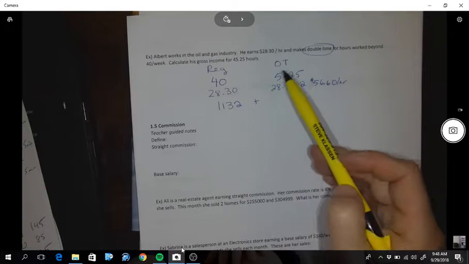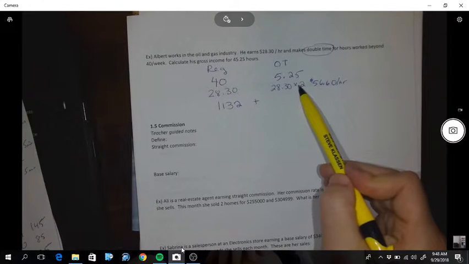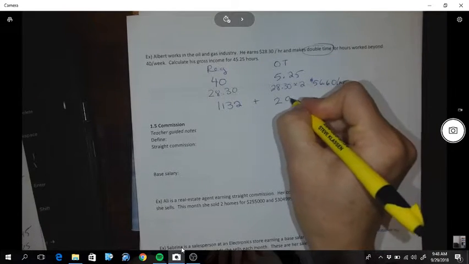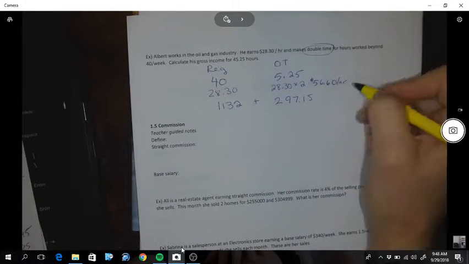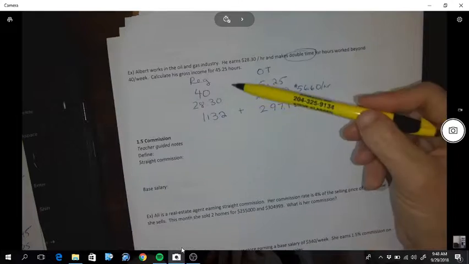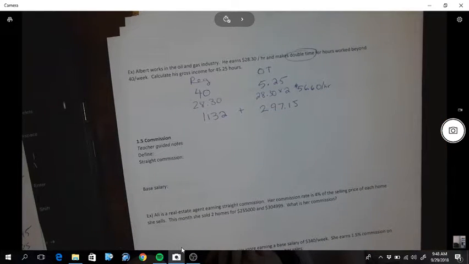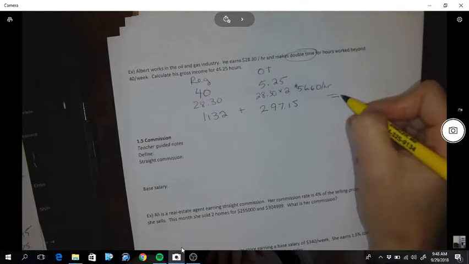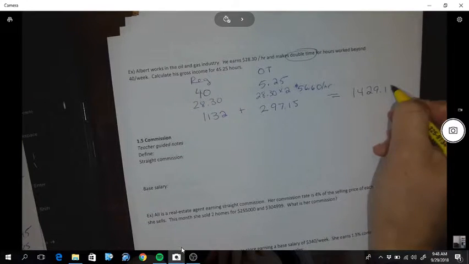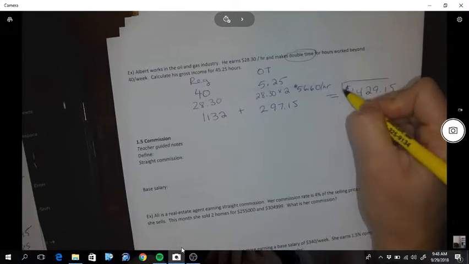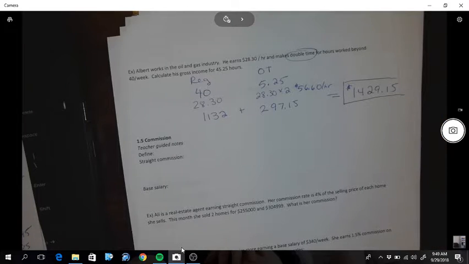Okay, or if you want, you can just do this times this times this. Or you could do it in 2 steps. So 5.25 times 56.60 an hour. And like I said before, you have to now complete adding the regular and the overtime together. So all together, you're making $1,429.15. Okay, now you can complete the lesson on time cards and overtime.